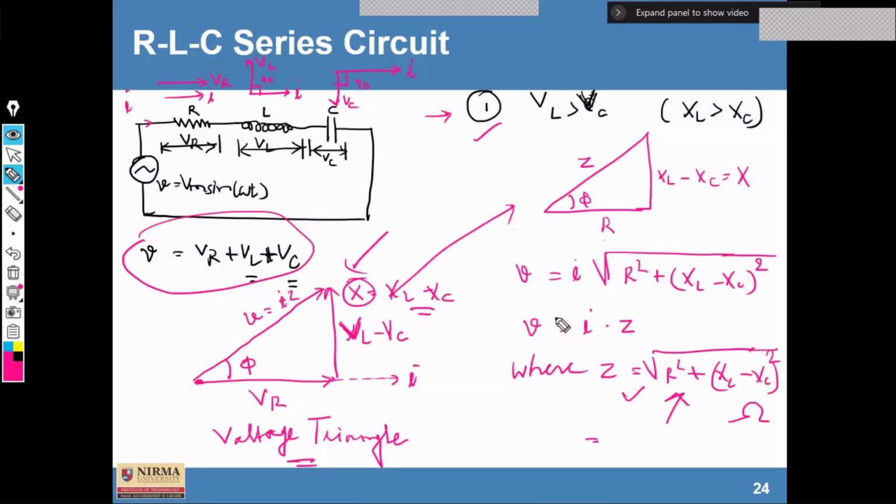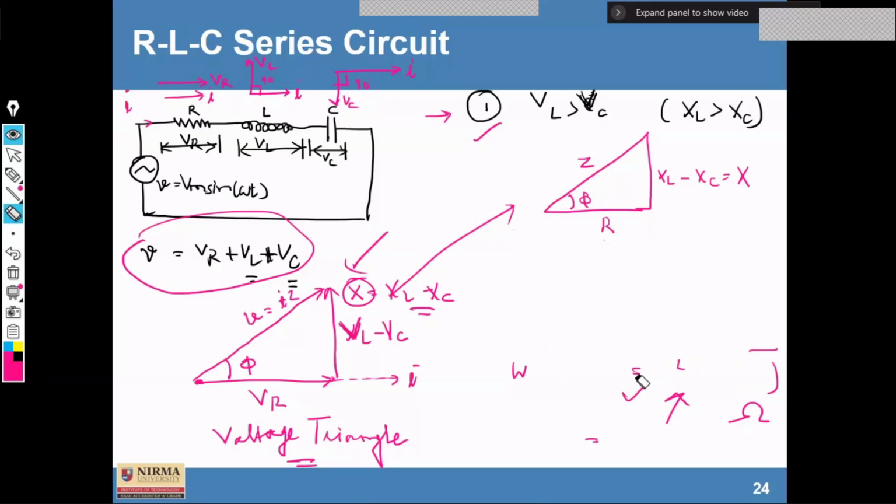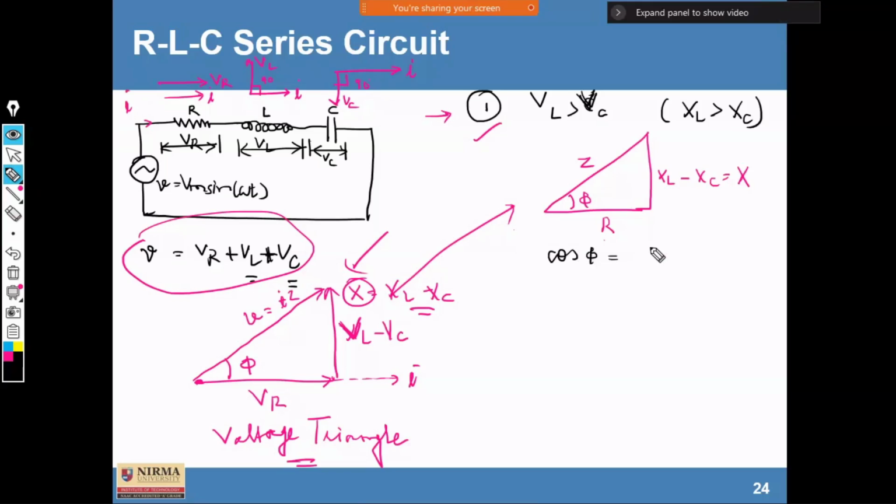Okay. Now from these triangles, we can write the equations of cos phi and tan phi. Okay. And what are the different equations now? Equation number 1, that is cos phi is equal to R by Z, correct?